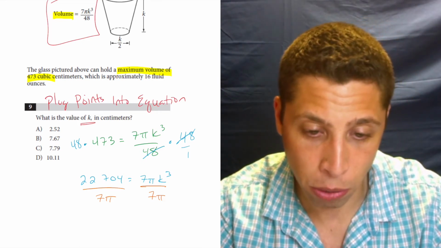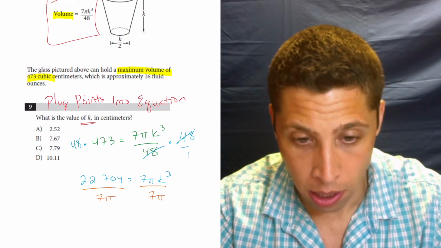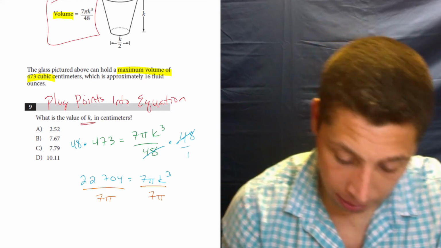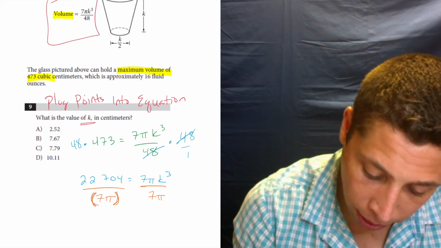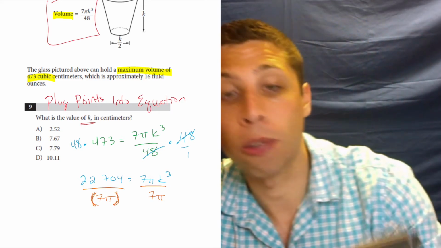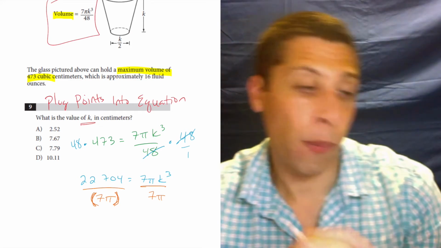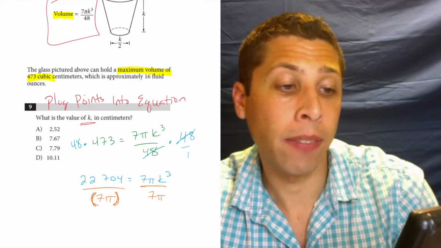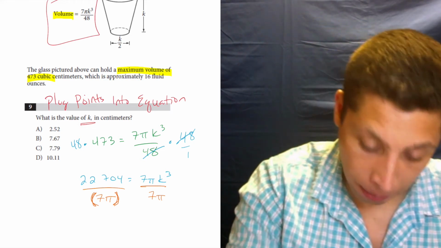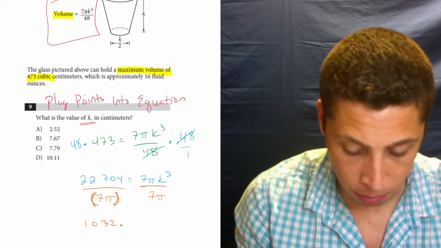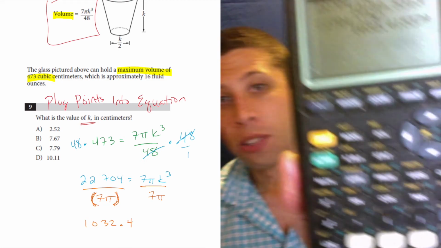So what we're supposed to write is 7 pi in parentheses. So in my calculator, I've got to put those parentheses around it, like that. And when I do, I get a very different number. I get 1,032.4.